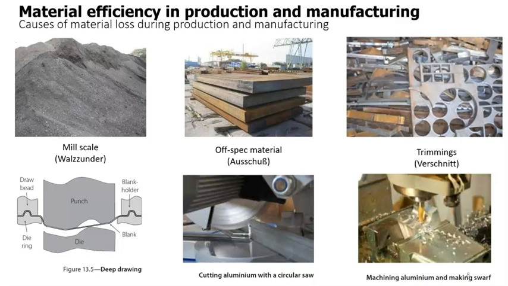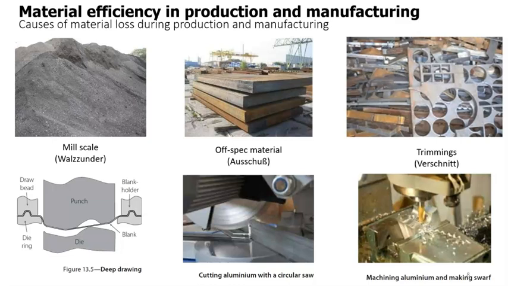Now, the different stages of using steel all have their losses. In the rolling mill, you have the so-called mill scale, the semi-oxidized steel parts that fall off the glowing hot iron. There may be off-spec material. There are trimmings, there's machining swarf, there is sawdust, or there are trimmings also from deep drawing.